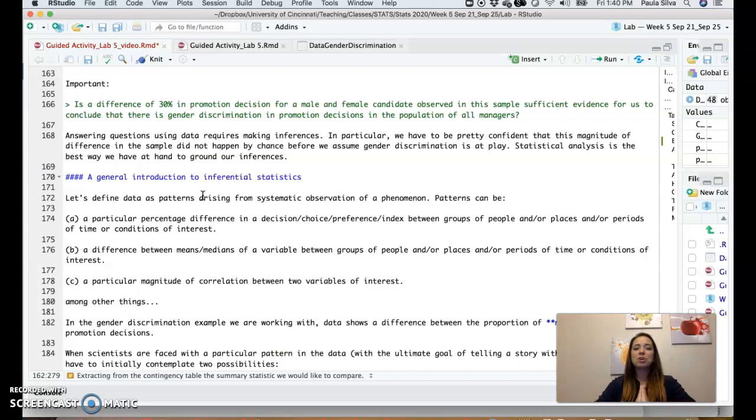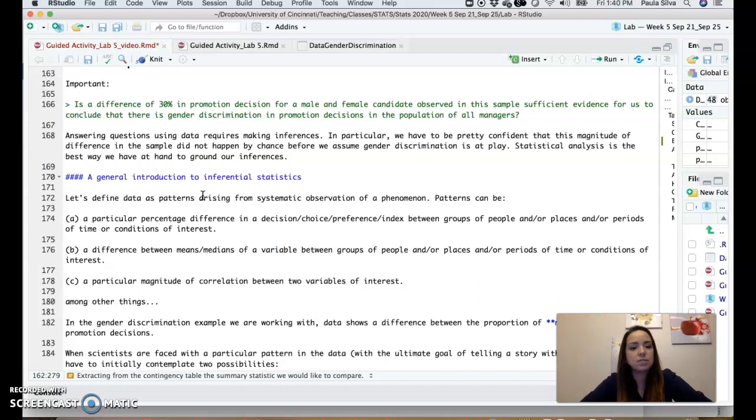But we want to make conclusions about gender discrimination in the population of all managers. So here's the question. Is a difference of 30% in promotion decisions for male and female candidate observed in this sample sufficient evidence for us to conclude that there is a gender discrimination out there in the real world affecting all managers, or managers in general in the real world?